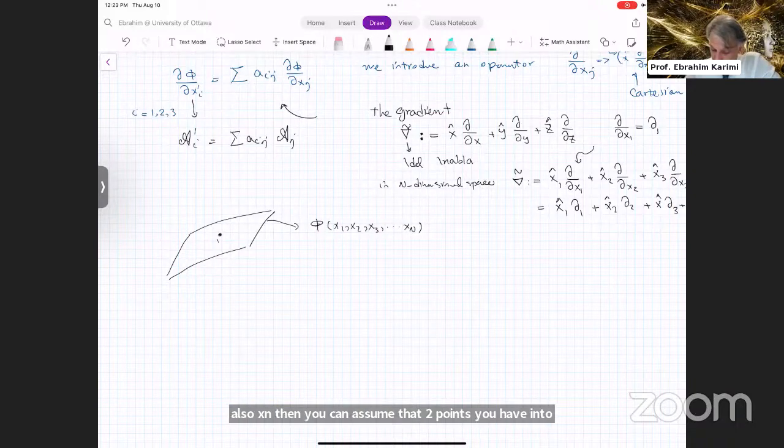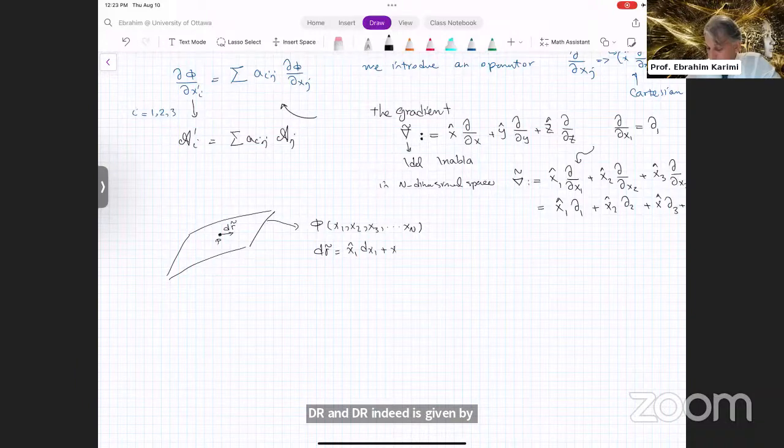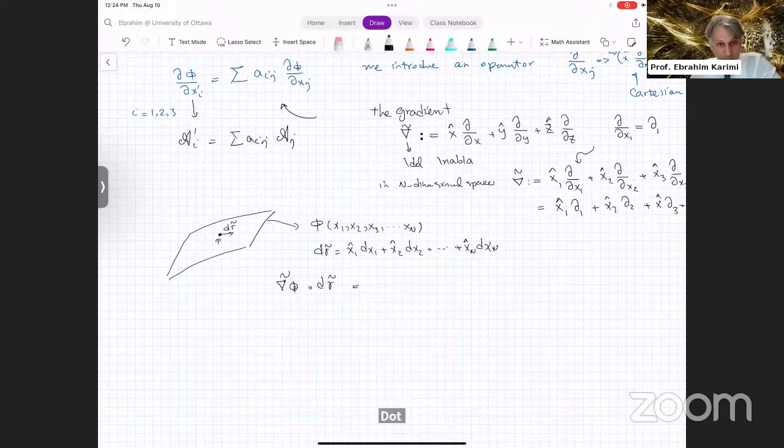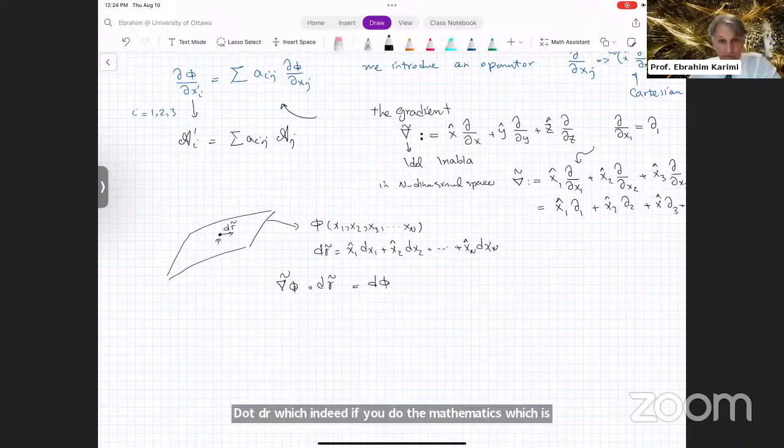One is located here, and then you look at the infinitely small displacement, which you call dr, and dr is given by x1 hat dx1 plus x2 hat dx2 plus the others, until xn hat dxn. Now you look at gradient of phi dot dr, which, if you do the mathematics, comes from infinitely small changes, and indeed you will get d phi. We proved that last time.